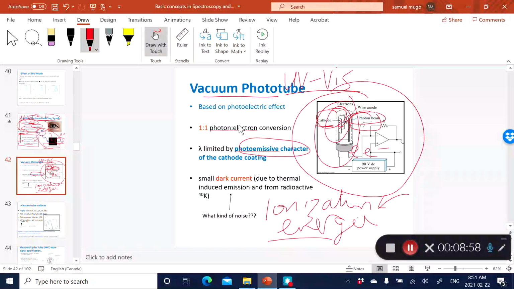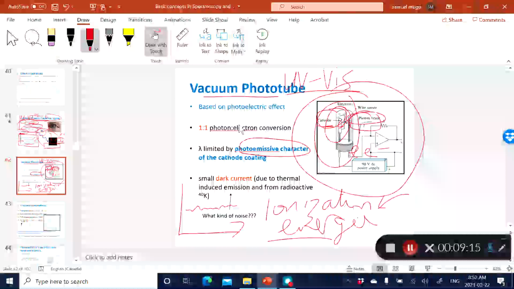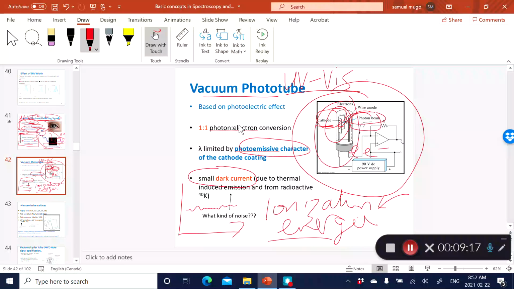One big disadvantage with vacuum phototubes is that even when the instrument is idle, you always have a little bit of current being transmitted. That is referred to as the dark current. The reason for that is that there's always some bit of stray light, okay?